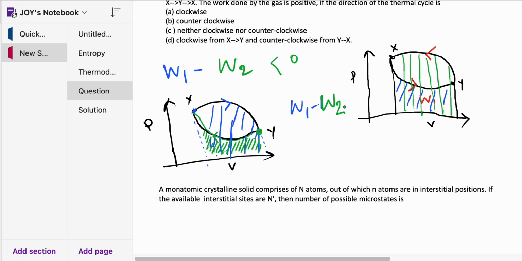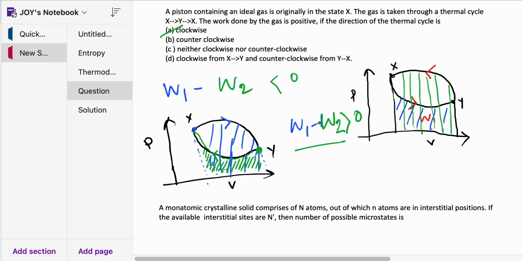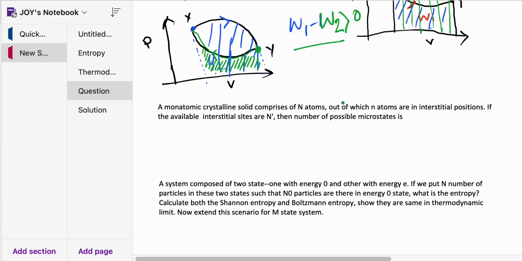So W1 minus W2 will always be greater than 0. That means if we go clockwise, we will always extract some positive amount of work from the gas. So the answer of this question is: if we go clockwise, then we extract some work from this gas. Now we'll move to these questions.